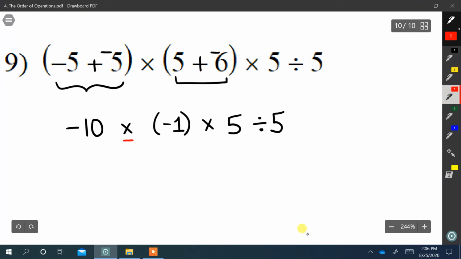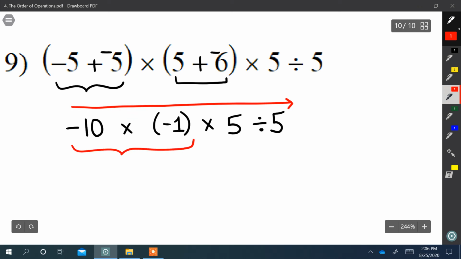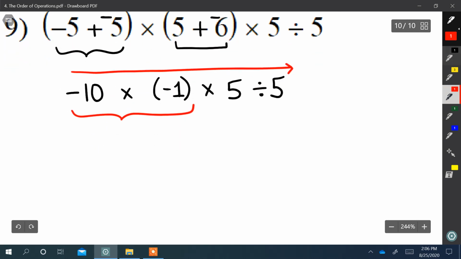Since we only have multiplication and division, we're going to be doing this problem left to right. So we're going to do negative 10 times negative 1. That's going to give me positive 10.